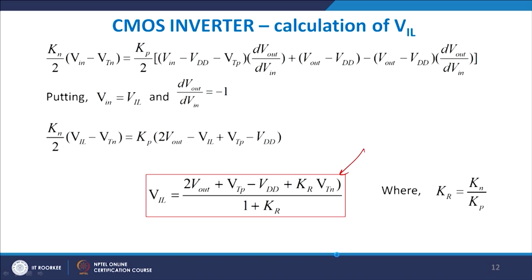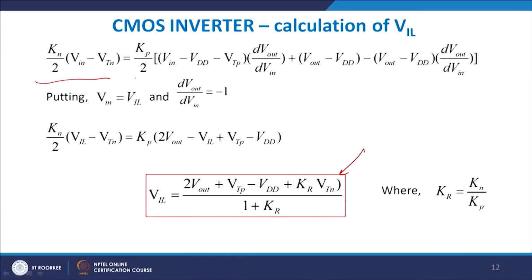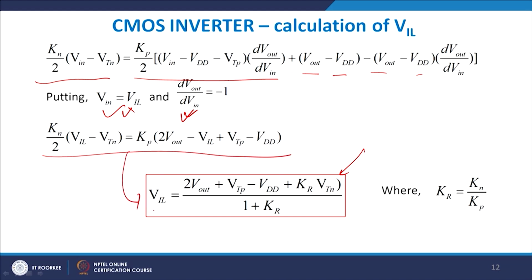So, we have learned two things. What is input low? Input low is the voltage at which the output is high, right. For the CMOS inverter calculated at VIL, VIL is basically this point. So, what I say is that this equals Kp/2, this whole thing plus this minus this minus this minus this dVout/dVin, right. And if I place dVout/dVin equal to minus 1 and Vin equal to VIL, I get a big equation like this, which can be reduced to VIL equal to this much.